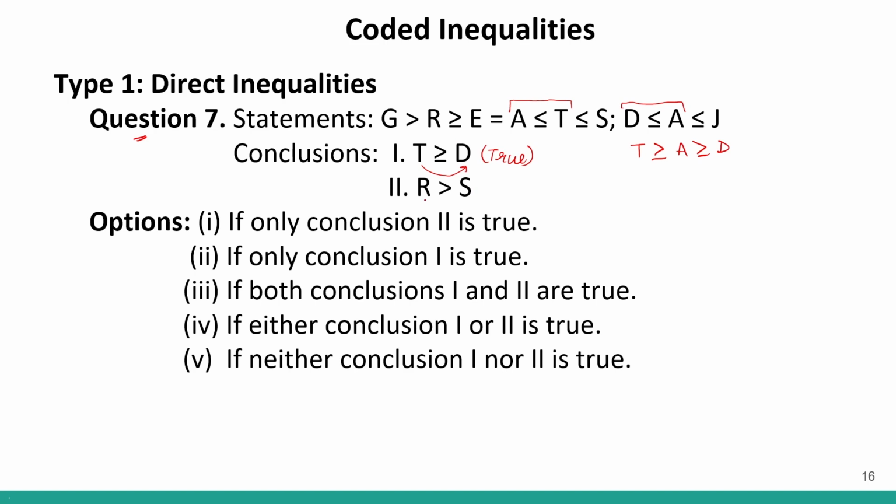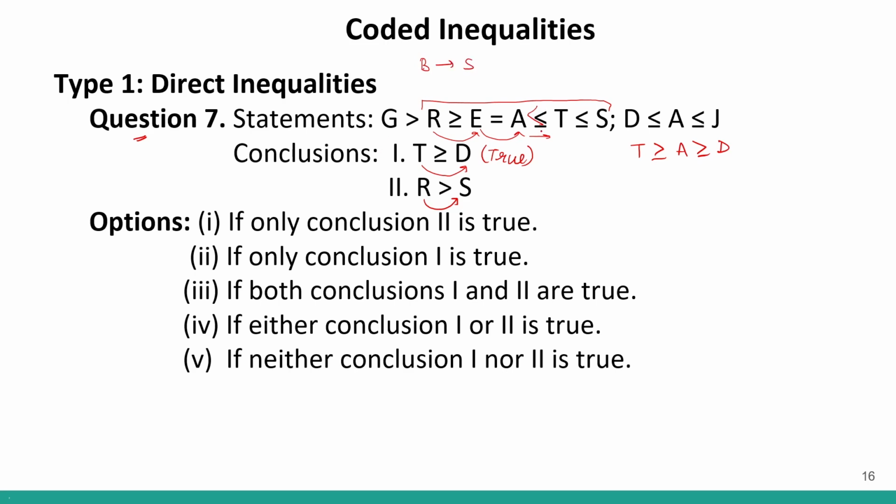Moving to conclusion 2. Conclusion 2 says R is greater than S. Correct? Over here, I can see this much information. Based on this much information, I can move from R to E, E to A, sorry. But I cannot move further because then we have a small door. And we always move from bigger door to small door.